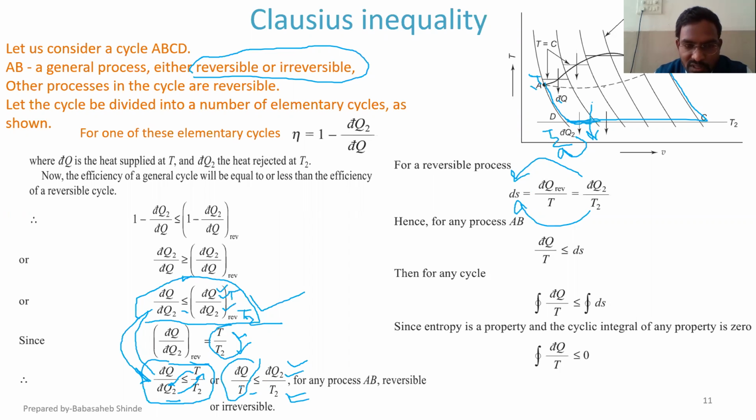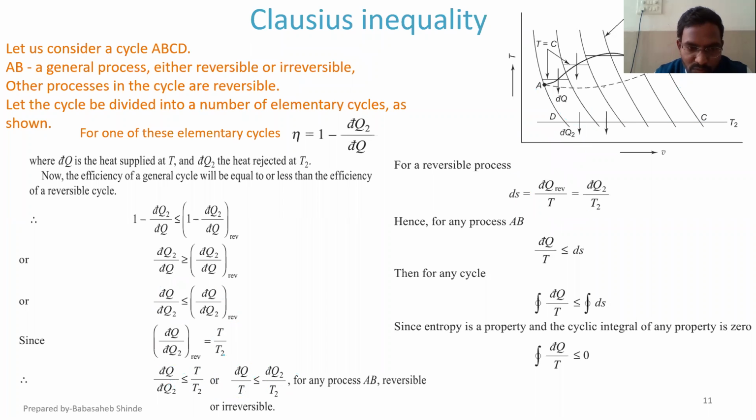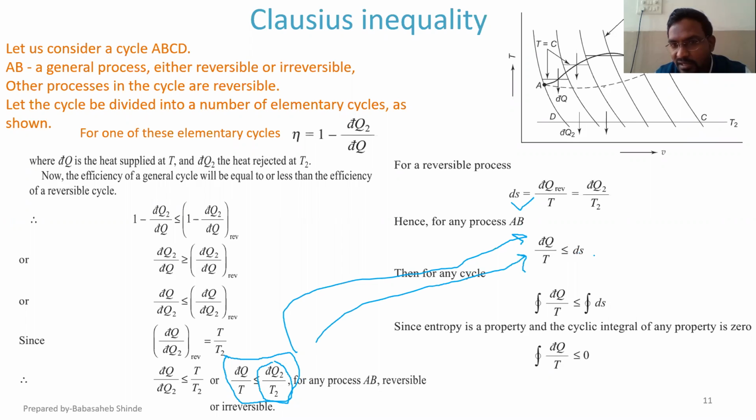So this equation will become, this dq by T will remain as it is. We are writing this equation over here again by replacing the right hand side dq2 by T2 with ds. So you will get the relation dq by T less than or equal to ds, because ds was related to dq by T2 and that is a reversible process.